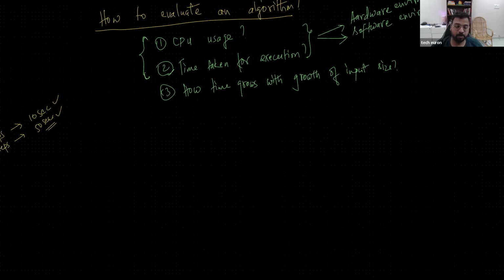That's also a problem. And it is also difficult to segregate it from the interference of the hardware and software. Whether the algorithm that you wrote is good, or your hardware itself is so good that it is taking less time. Are you guys following what I'm saying?